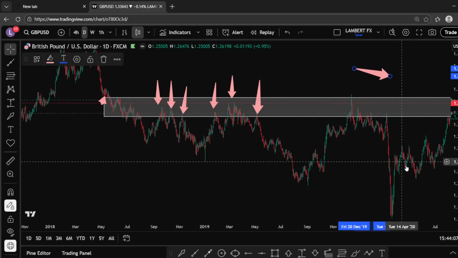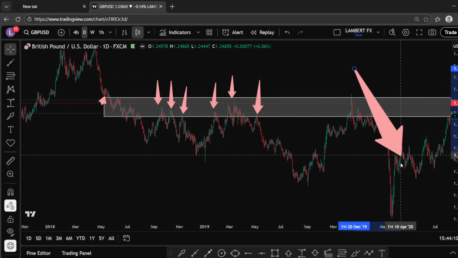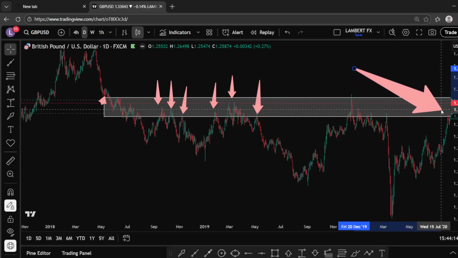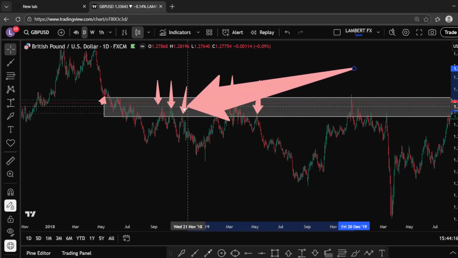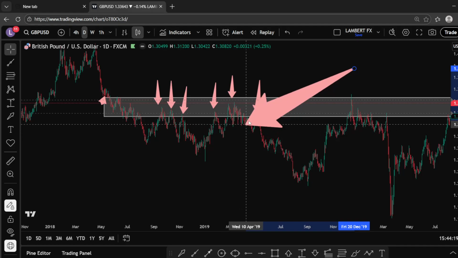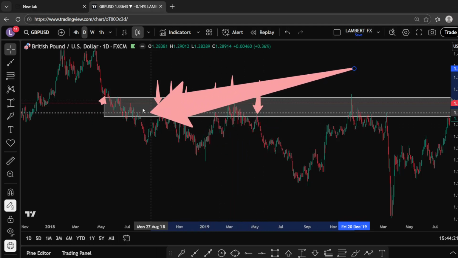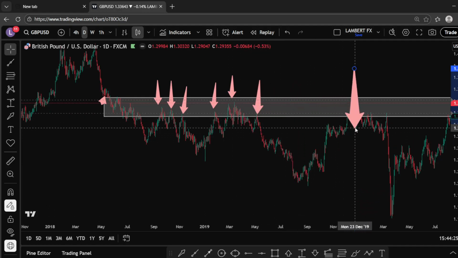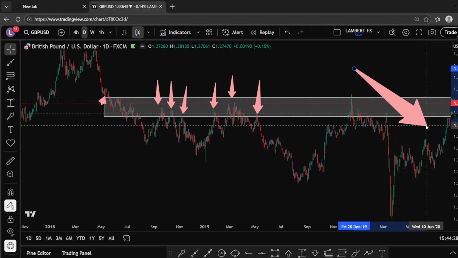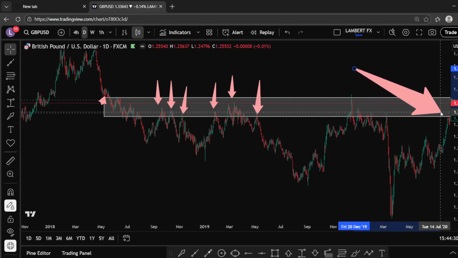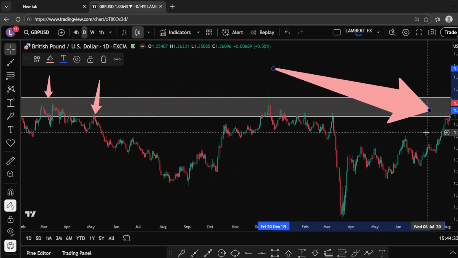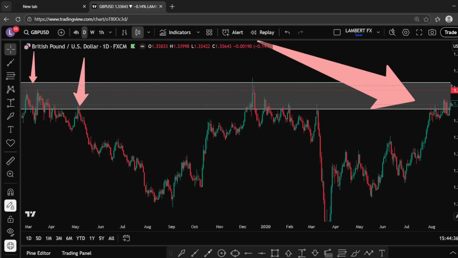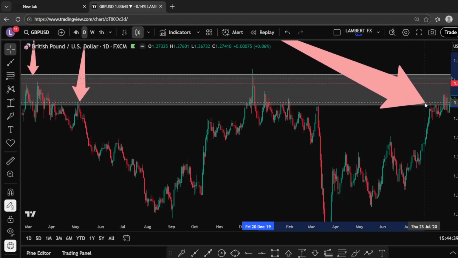Okay, so after we moved down here, we came back again to the level. So if you did not participate in any of these moves to the downside, then when they came back at that level right there, you will be tempted, you will show interest to go short.